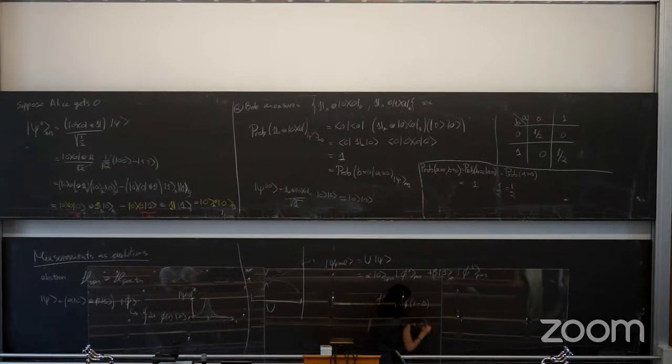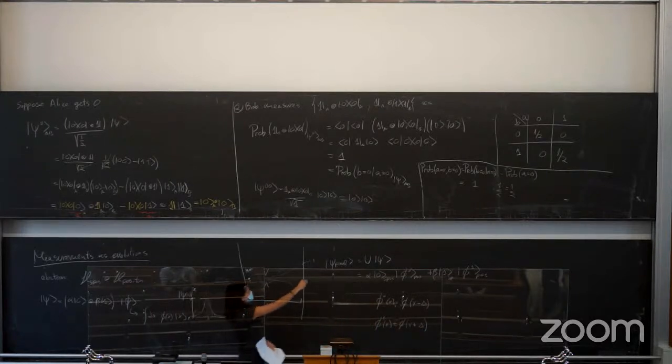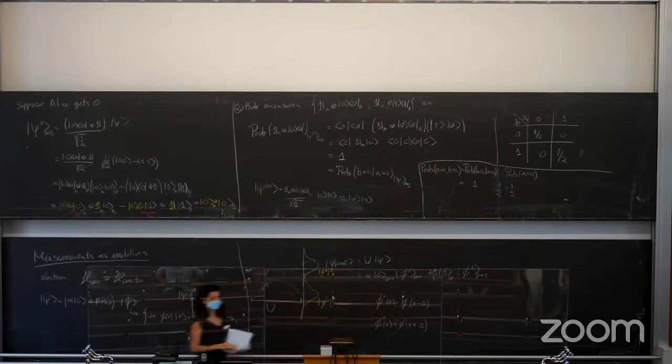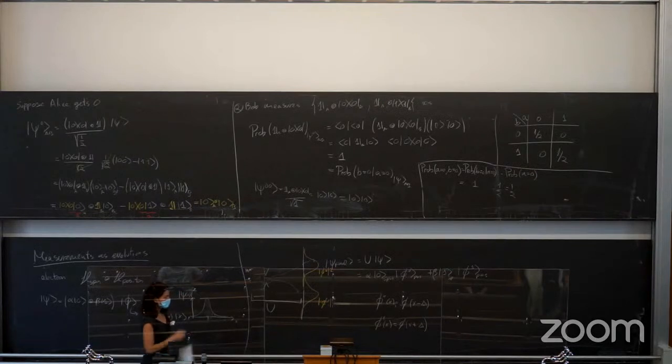Meaning that at the end, you're going to end up with the total wave function being the sum of two things like this. So this would be 1 squared, 0 squared. We will see this later explicitly.